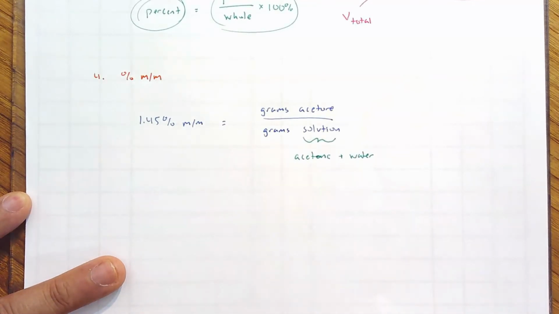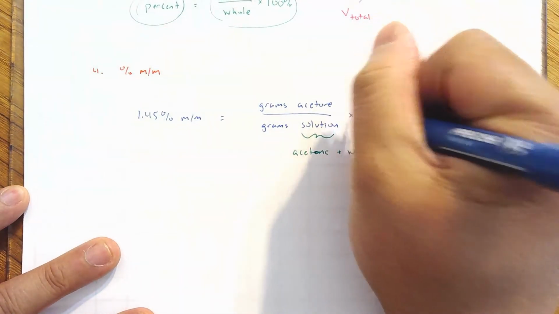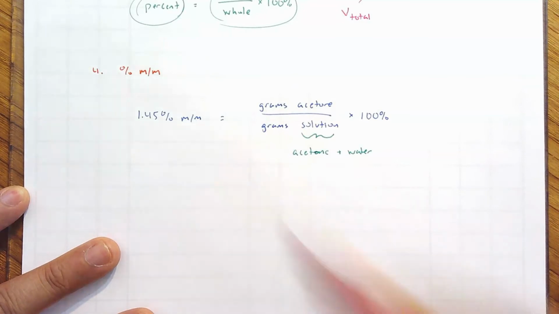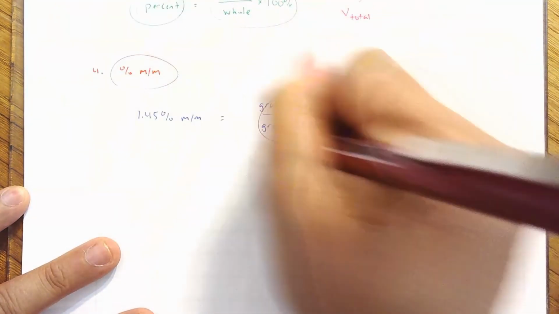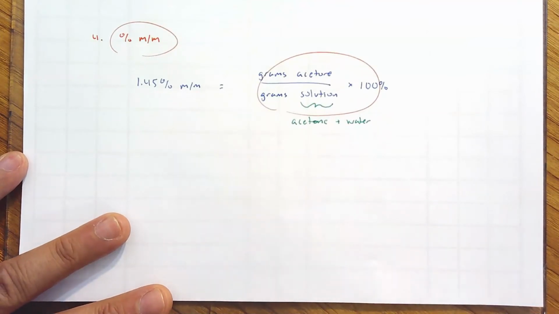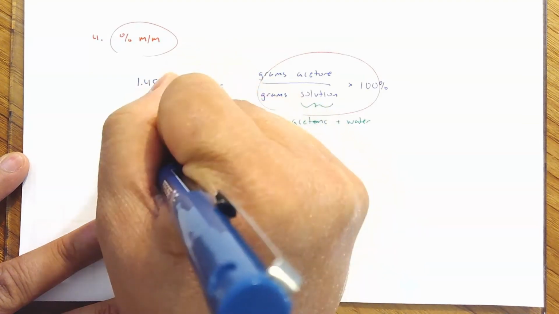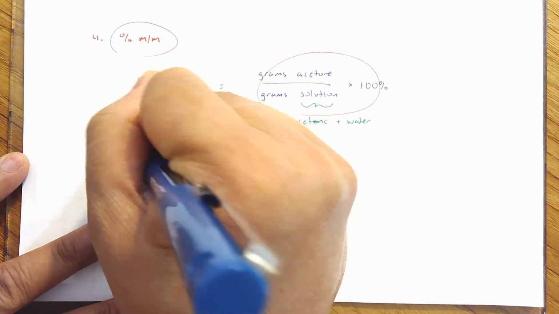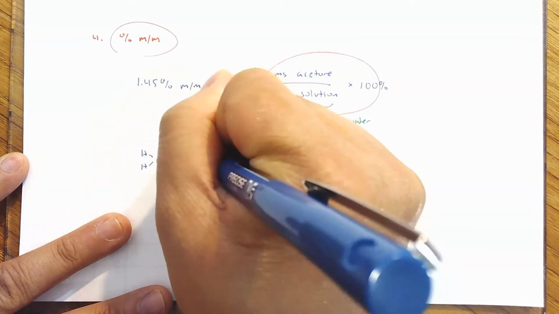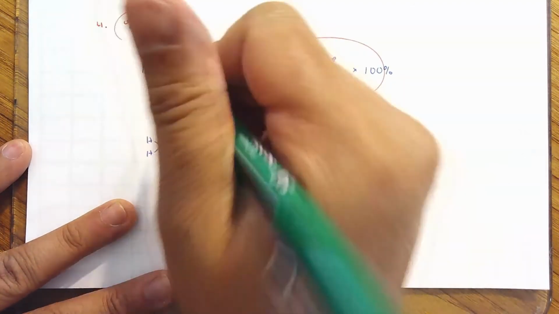By the way, is acetone really soluble in water? Let me just put here 100% before I forget. Is acetone soluble in water? This was in a previous video showing you ways to determine water solubility. Acetone looks like this. It almost looks like formaldehyde that I mentioned in the video about solubility. You have that. Look at the bond dipoles.